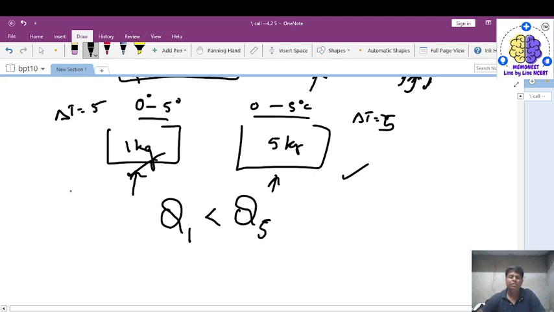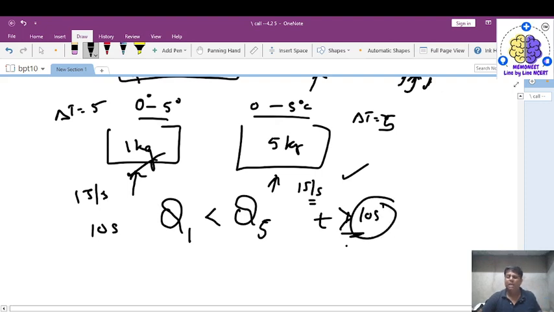Now suppose this burner is supplying 1 joule per second, and this burner is also the same, so it will also supply 1 joule per second. If we require, let's say, 10 seconds here, we would require some time greater than 10 seconds over here. And because the time required here is greater, the heat supplied to this body will be greater.